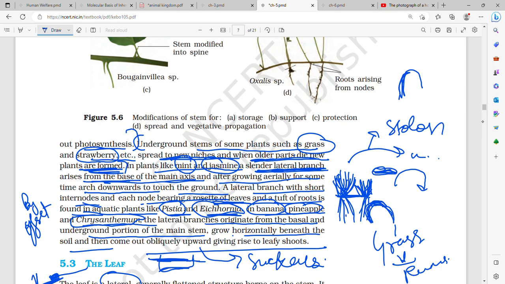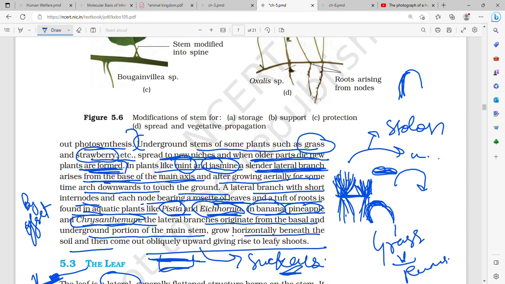Then in banana, pineapple and chrysanthemum, suckers are there. What are they? They are lateral branches that originate from the basal portion of the main stem, that is inside the soil. So if you pull it, then 3-4 plants will come together from inside the soil.